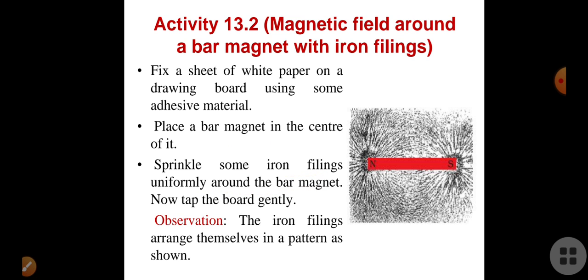When we sprinkle these iron filings and tap the board gently, just put our finger and press it, then what will we observe? We'll observe that the iron filings, meaning iron powder, arrange themselves in a pattern as shown. What is this pattern called? These are circular rings.